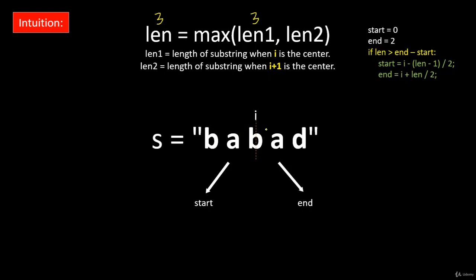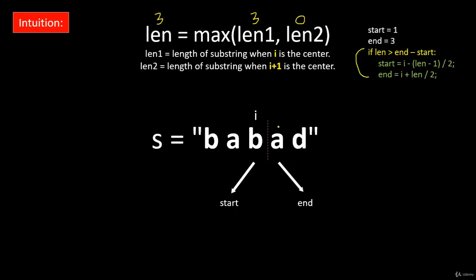Then our next center is this, and here the longest palindromic substring is 0 because B and A are not the same. The maximum of 3 and 0 is 3. In this case, the start and end will be changed. Start is 1, the index, and end is 3. You can calculate using this formula.